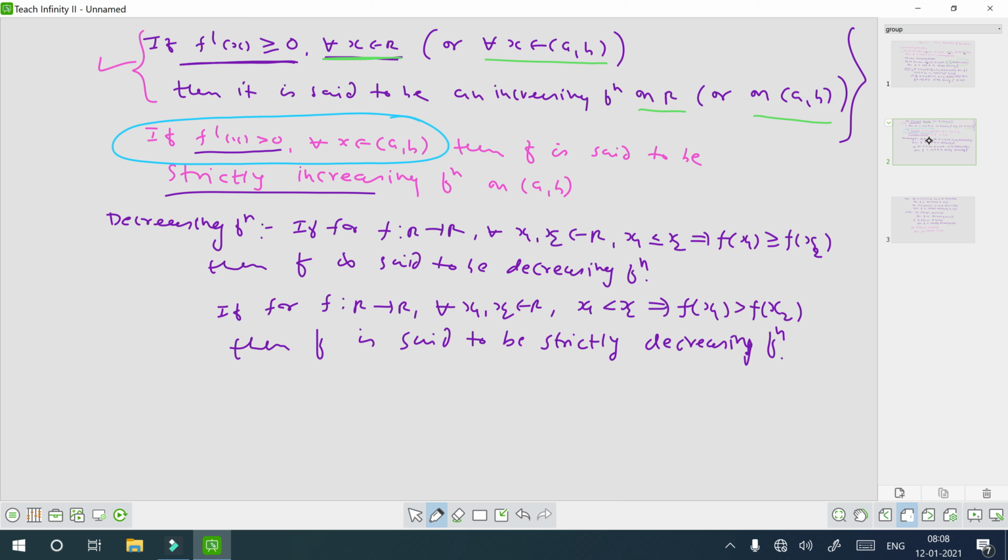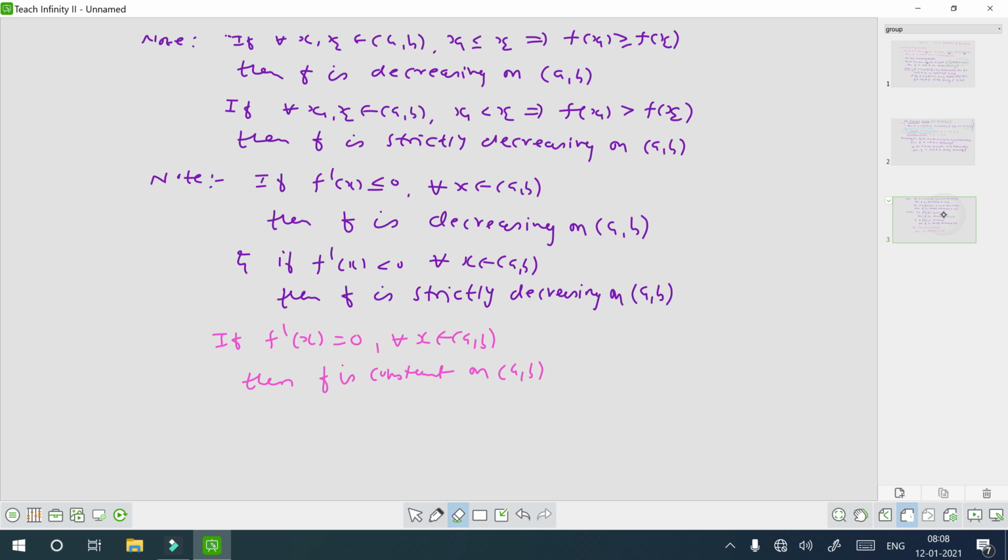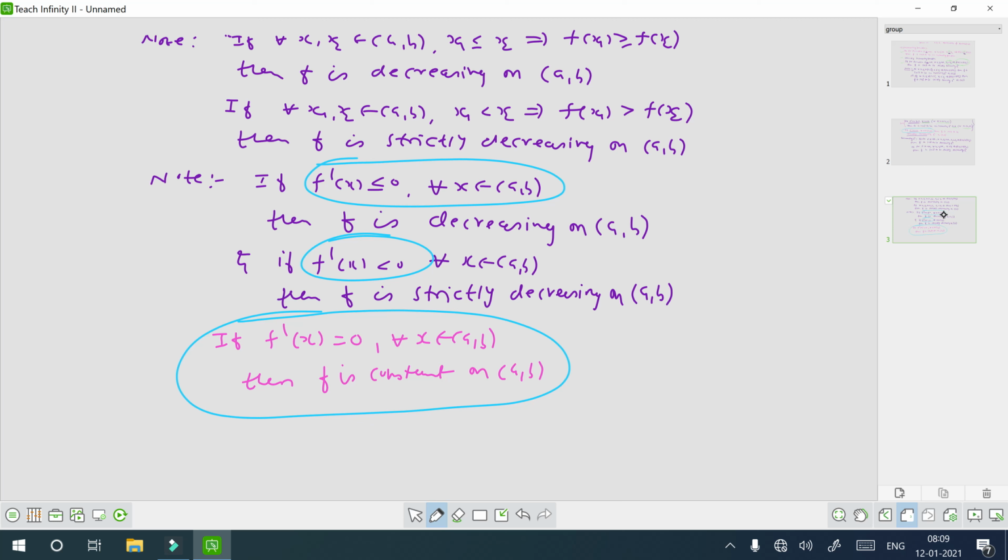Now see here, whenever derivative is less than or equal to 0, strictly less than 0, then it is either decreasing or strictly decreasing. And derivative equal to 0, then it is constant term. Clear? Yes.